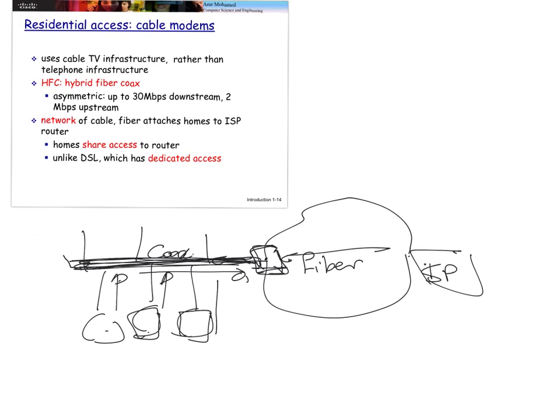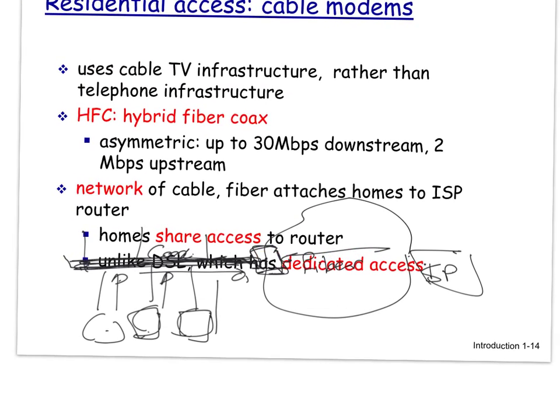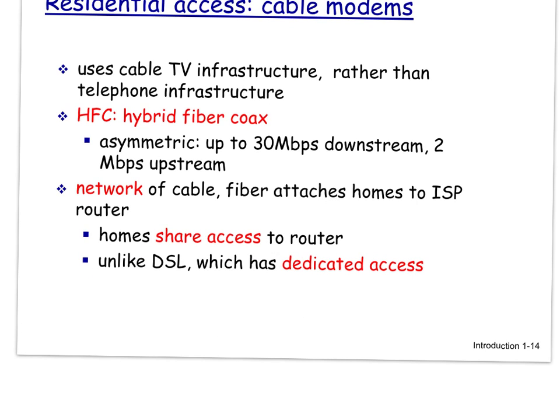Is that clear? So going back, this type of architecture uses what we call hybrid fiber coax. This means that part of it is fiber, and the other part is coax.